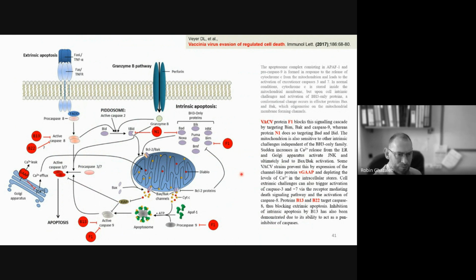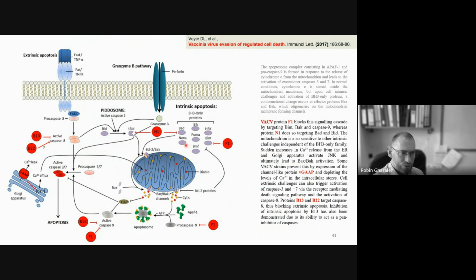It's incredible. It has a gene for a protein called F1, and this blocks these BCL3 member proteins here, which are essential for the function of BID.